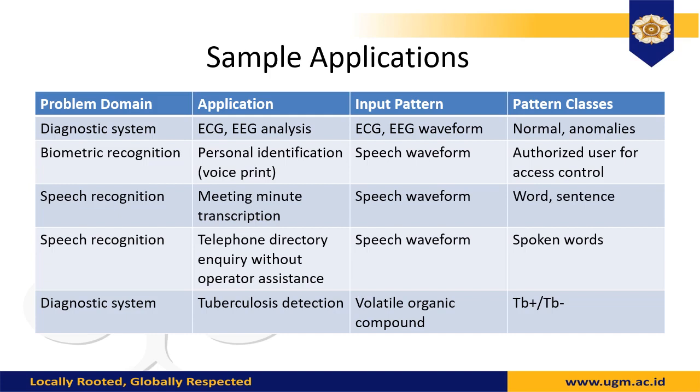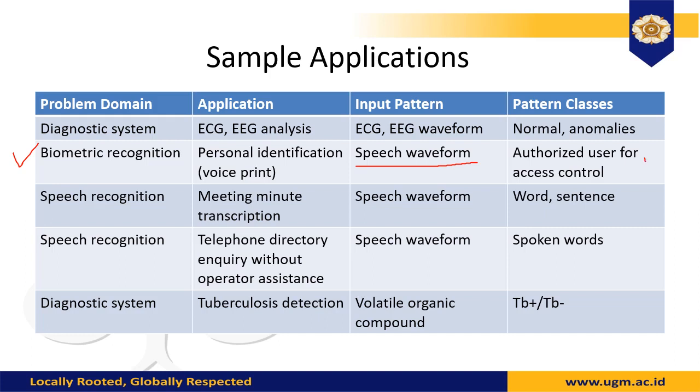Now the other 3 examples are coming from biometrics, from other areas. I'll start with the second row here. The biometric recognition, in this case personal identification, where the data is taken from our voice. The input to the system is a speech waveform, which means that the sensor needed for this is simple, which is the microphone.